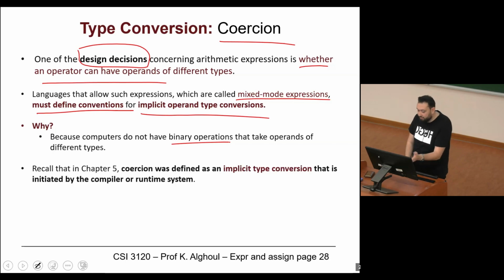As we said in chapter 5, coercion was defined as implicit type conversion. If you remember, what does that mean? Let's say you're adding an int plus a float. You don't have to do the actual casting. We can do it right away. So this is called what?